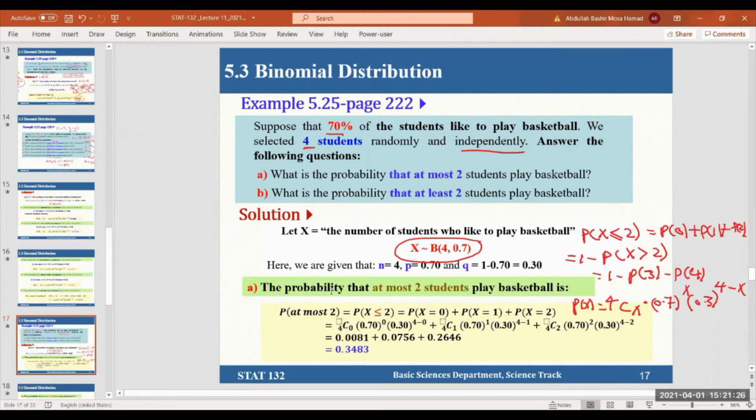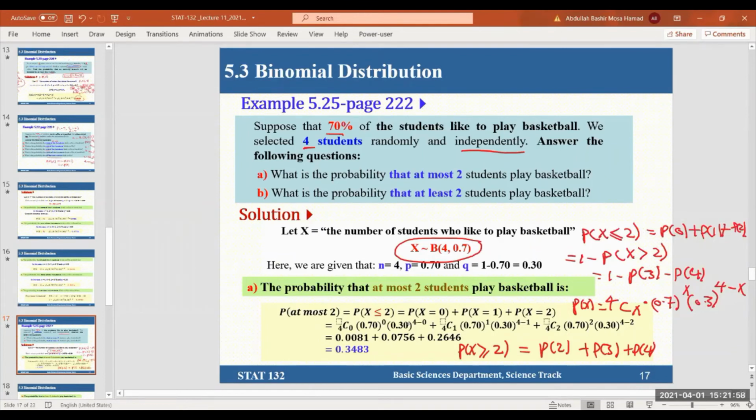If we talk about at least, how do we find it? For this same example, at least 2 means P of X greater than or equal to 2. Greater than or equal to 2 means P of 2 plus P of 3 plus P of 4.